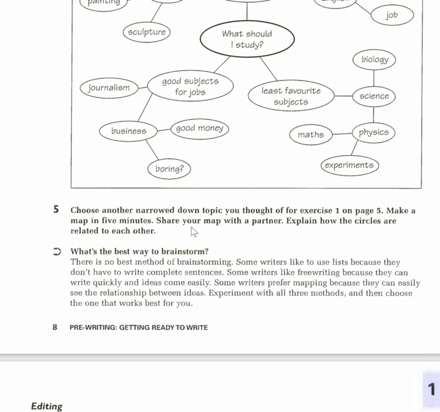They don't have to write complete sentences. Others prefer free writing because they can write ideas quickly and easily. Mapping can also help the writer to write easily and see the relationship between the ideas. As much as you practice the 3 types, you will figure out which one feels easier for you. Experiment with all 3 methods and then choose the one that works best for you.